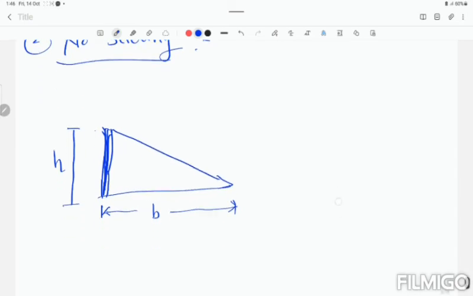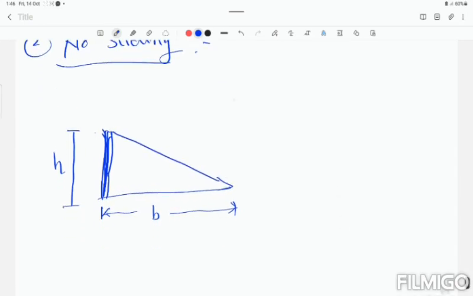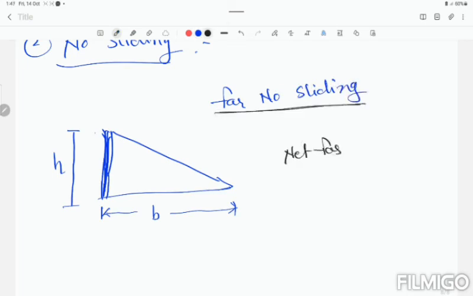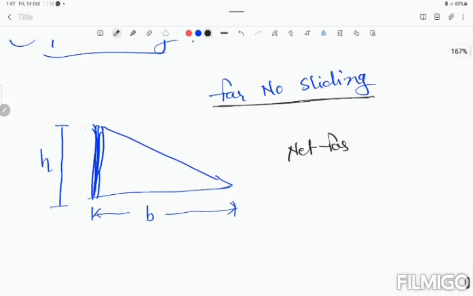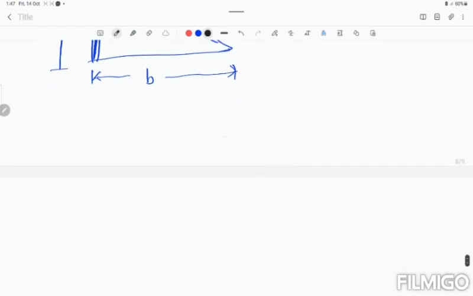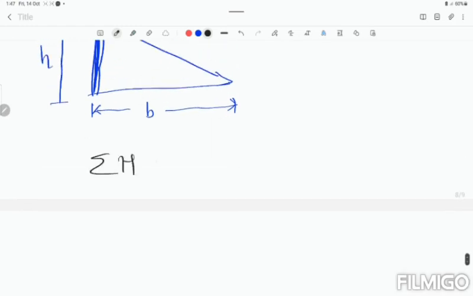We are taking into consideration no sliding. For no sliding, what will happen? Sliding is not about vertical forces but about all horizontal forces. The summation of H plus or minus summation of V is equal to 0.